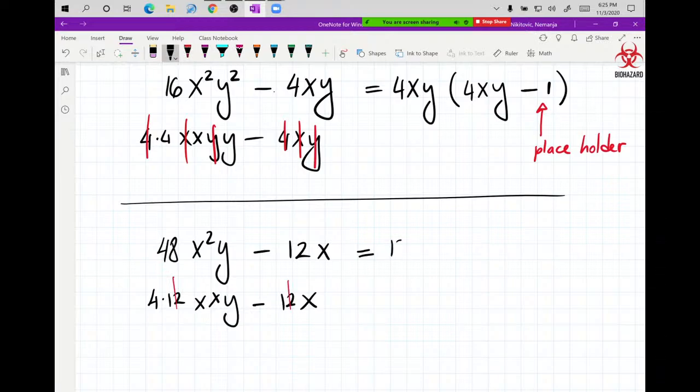So 12 goes on the list. Do we all see that x is common? That goes on the list as well. And what's left is 4xy minus, again, 1. I have to put this placeholder there because everything was factored out from the second term.